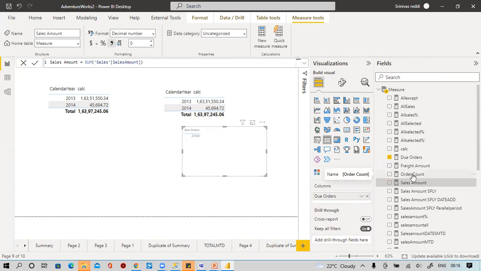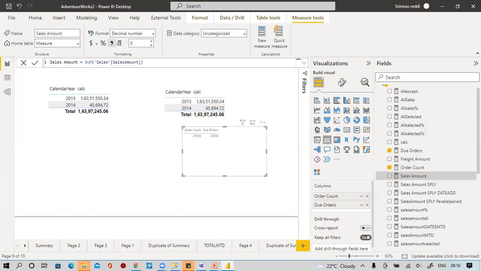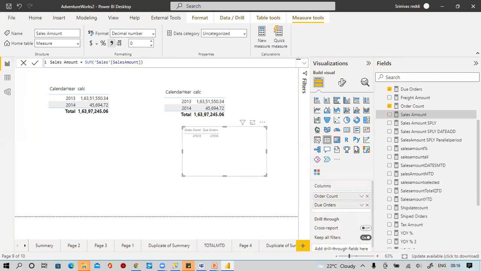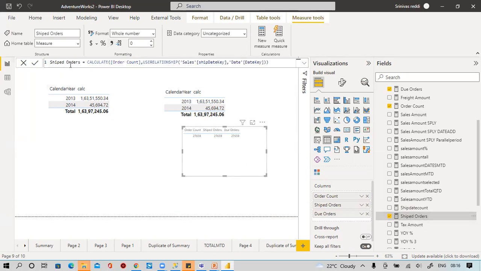I just wanted to make sure you understand the concept of role playing. Due orders, order count, ship orders. I even gave naming conventions. See, this is the sales ship orders. I deliberately gave it a naming convention like this. Now I added the calendar year.